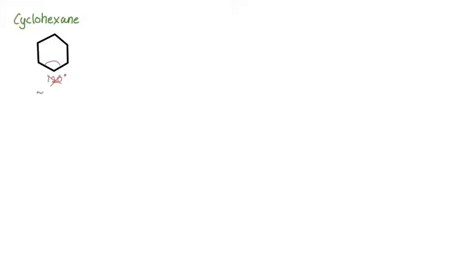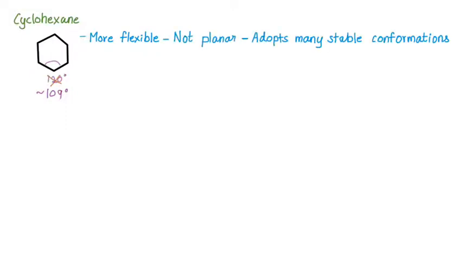Right? So cyclohexane's bond angle is close to 109 and it has more flexibility to go out of this uncomfortable planar geometry to get some relaxed, more comfortable, lower energy non-planar conformation. And it can adapt to many other stable non-planar conformations.